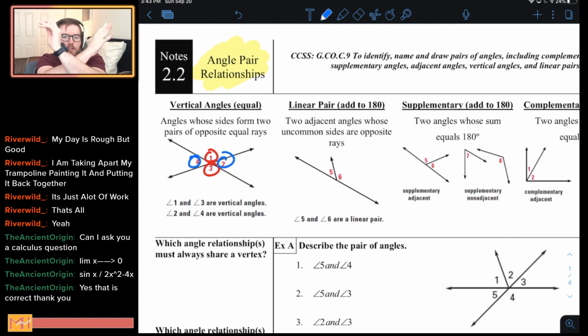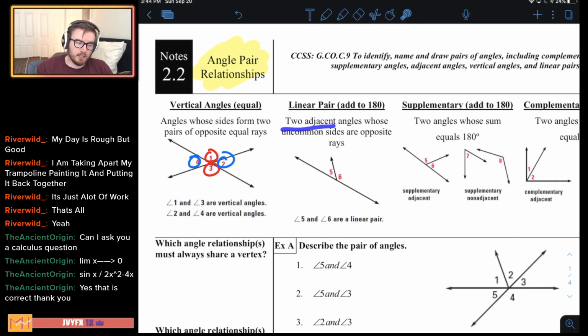So you have this intersection of lines. The vertical angles are the ones that are opposite of one another, right? 1 and 2 are side by side. The word for that is adjacent. Okay, to be next to one another means adjacent. But vertical angles are on opposite sides of one another. So there's that. And so are 4 and 2.